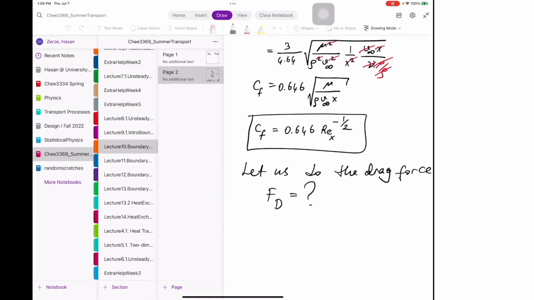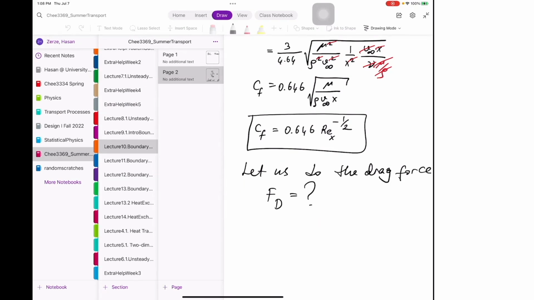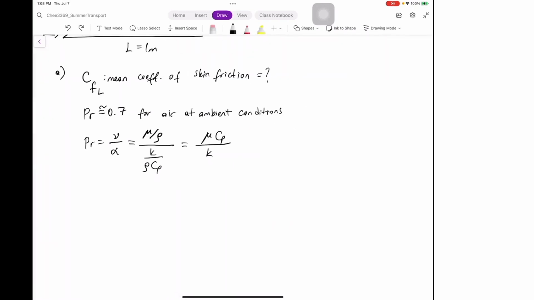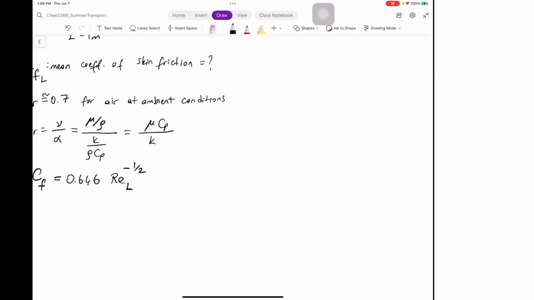We're going to use lecture 10, page 2: CF is equal to 0.646 Reynolds number L to the power 1/2. So let's calculate the Reynolds number.